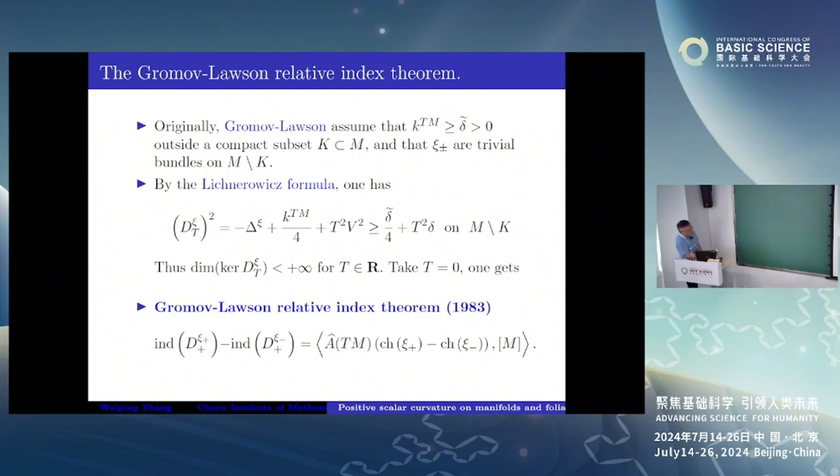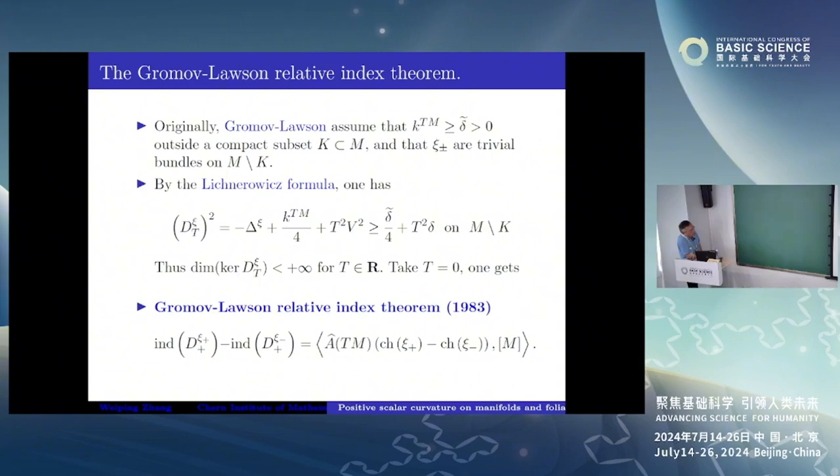And then, since the index does not depend on the continuous family of Fredholm operators, we can compute this index when t equals 0, and applying the previous relative index theorem, we get the difference of the indices. Because of the scalar curvature assumption, the individual index is also well defined.